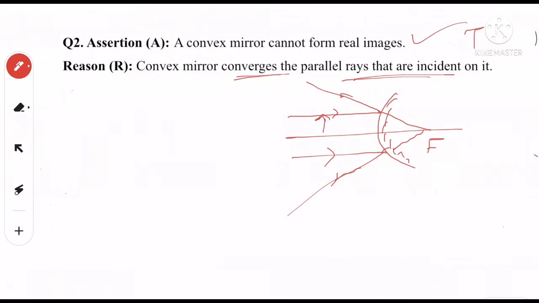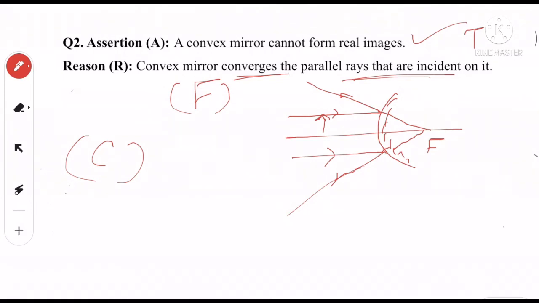So a convex mirror diverges, not converges, the parallel rays. So this statement is false. That is, assertion is true, reason is false, means option C is correct.